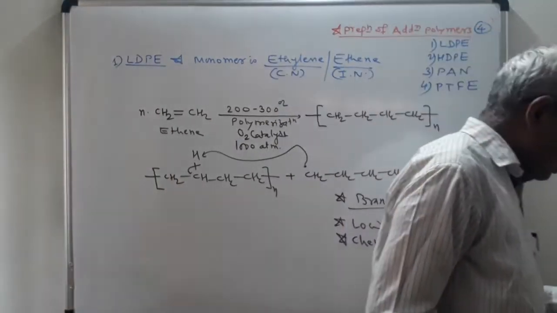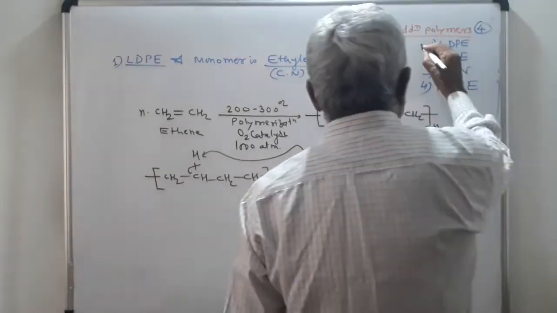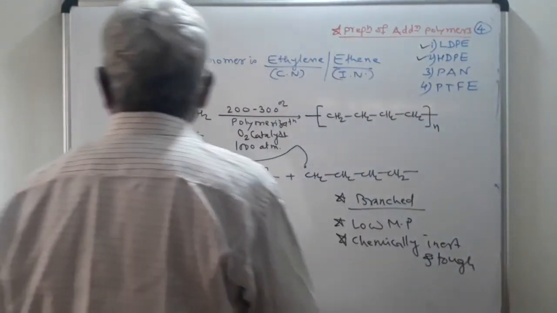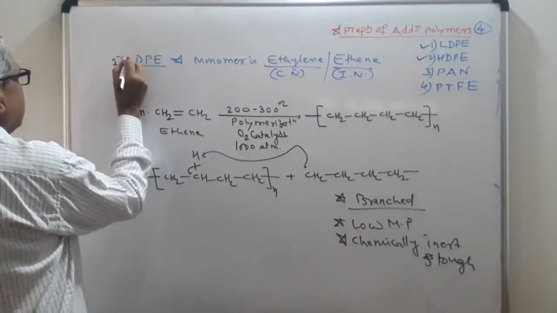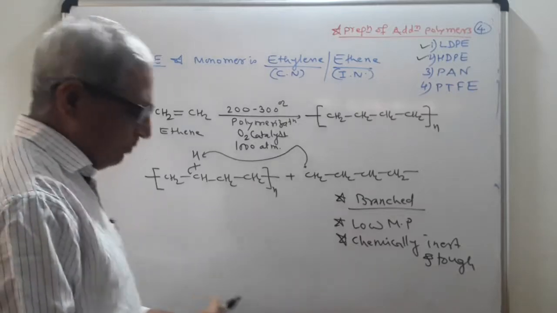Now we are going to learn the second one, that is high density polyethylene. So give the title, second one, high density polyethylene, HDPE.